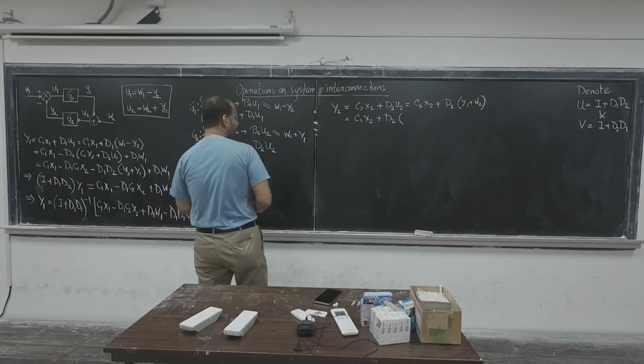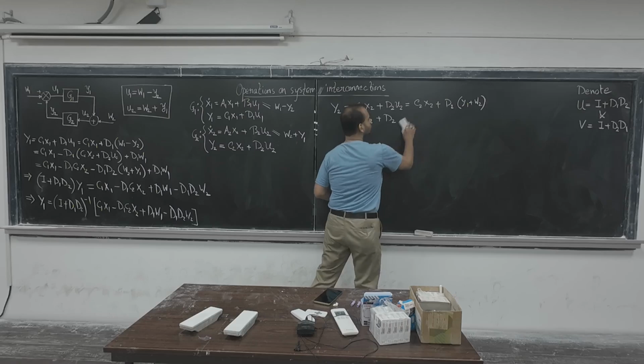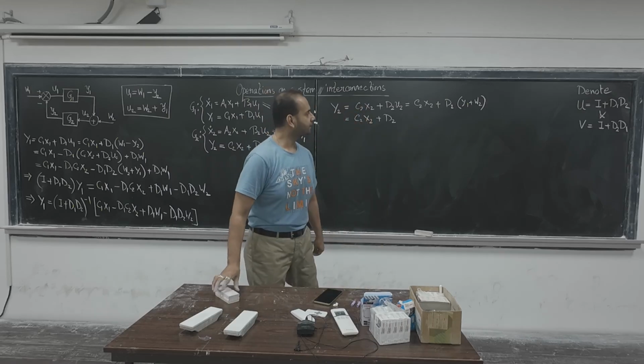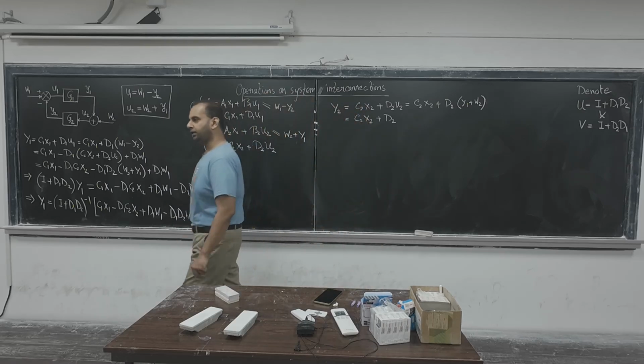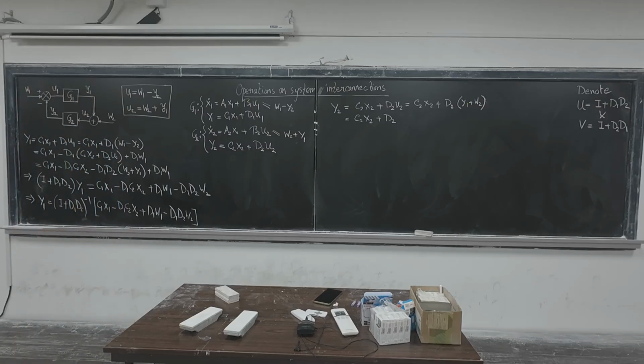Just to save some space, we would use two shorthand notations: U for I plus D1 D2, and V for I plus D2 D1.